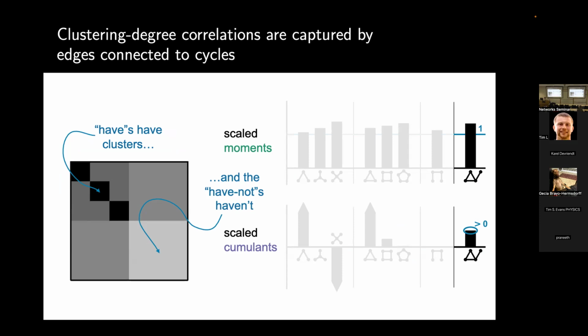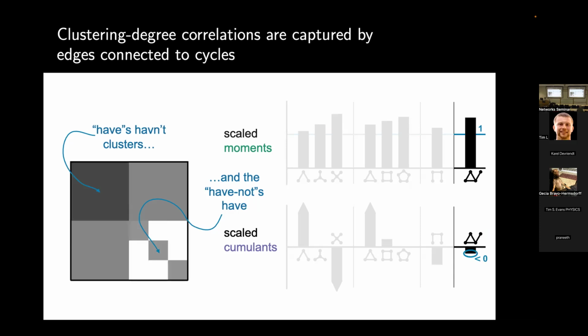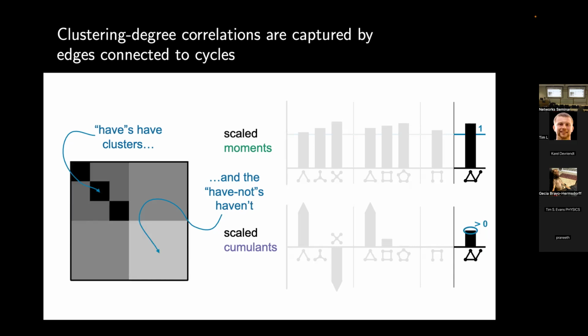I want to point out this graph in particular, and just watch what happens if I switch it. Now it's negative. So this particular subgraph, a kind of correlation between clusteriness and the degree, has a sign that captures that.